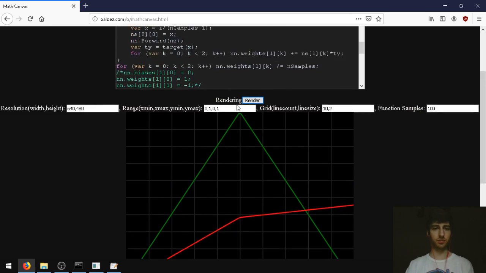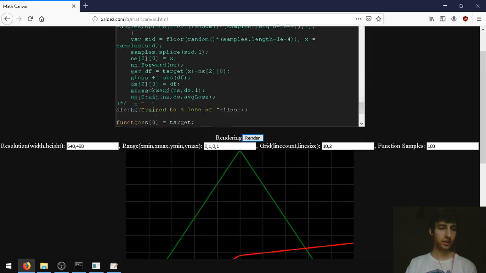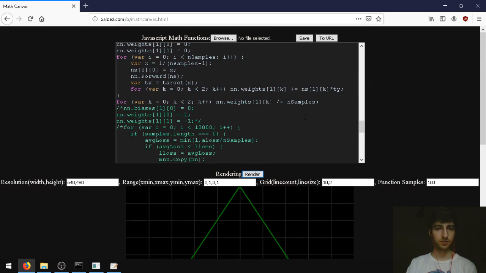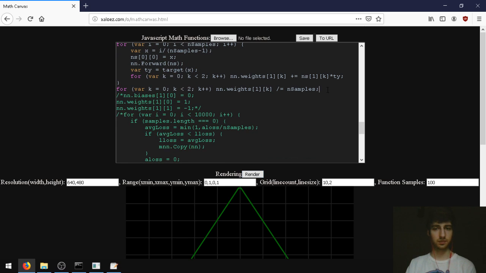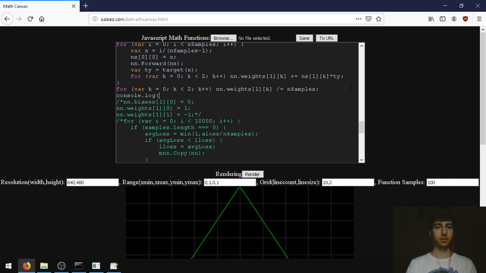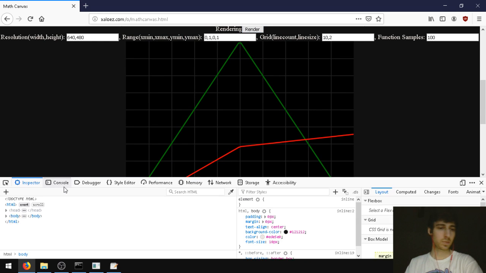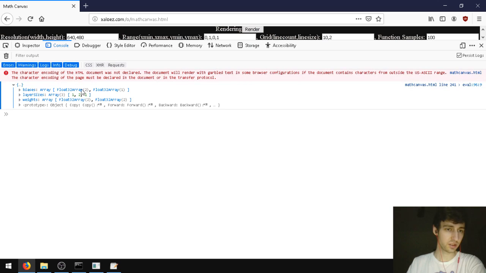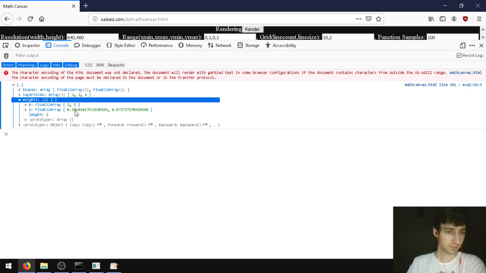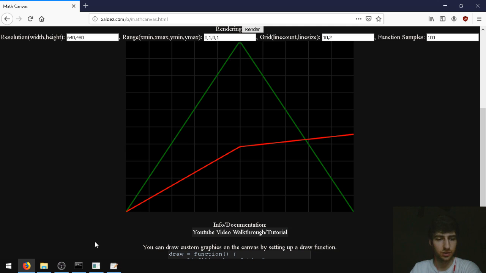Train to a loss of 1. Okay, so it did not train. Console.log neuralnet, let's see what it trained to. Curious what it trained the weights to. .381, 0.072.